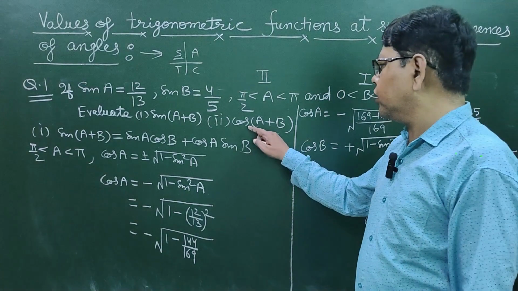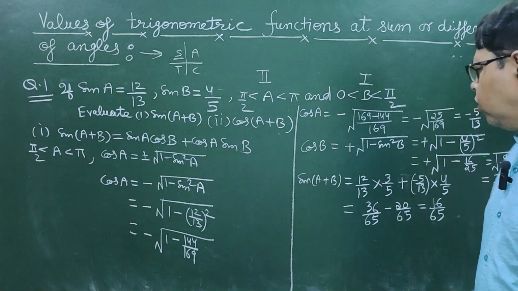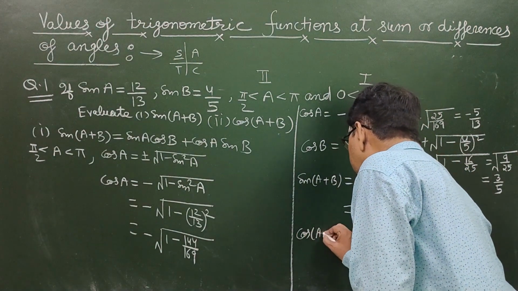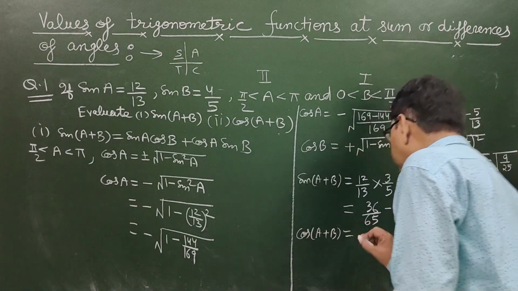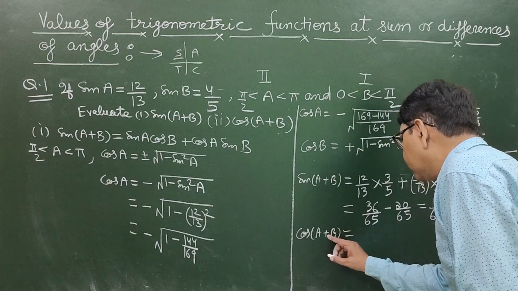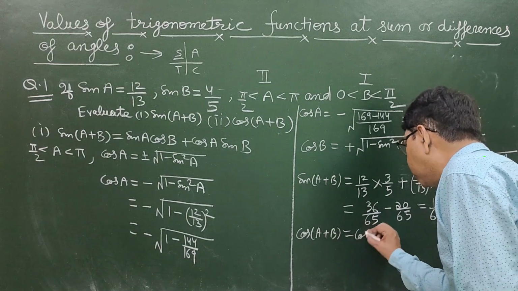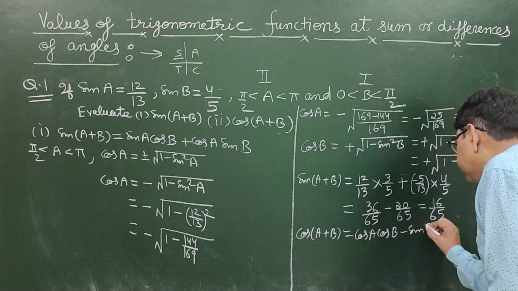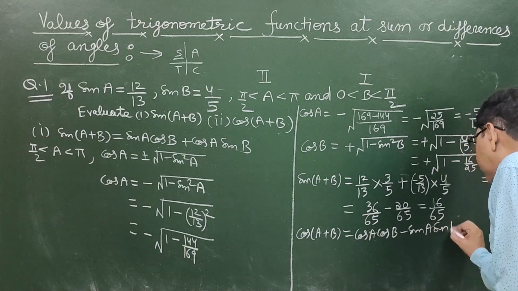Now we need to calculate cos of A plus B. You know the formula, cos (A plus B) is equal to, in cos we have the opposite sign, so cos A cos B minus sin A sin B. Now put the values here.